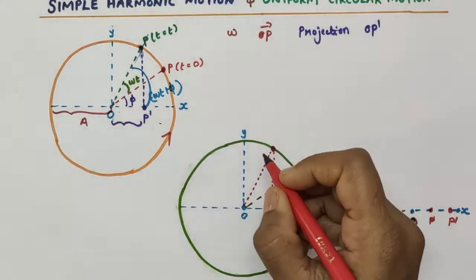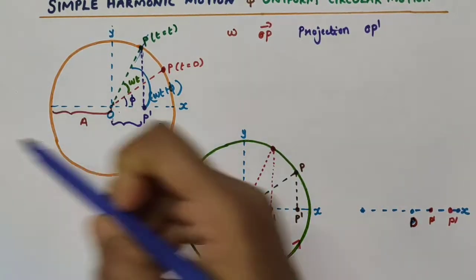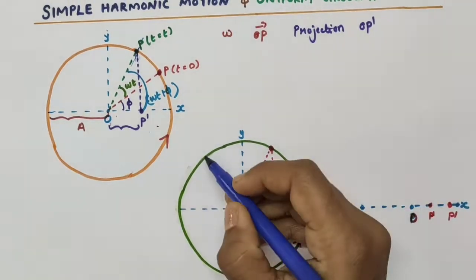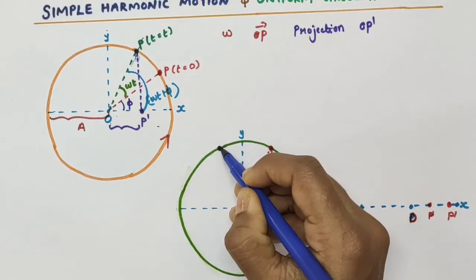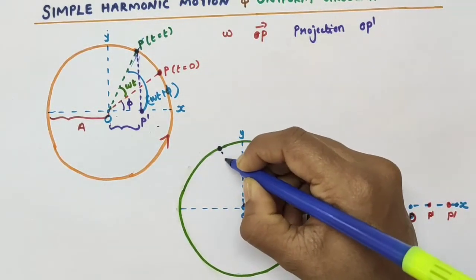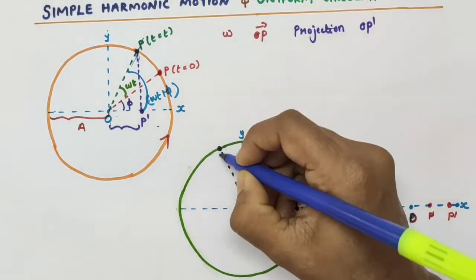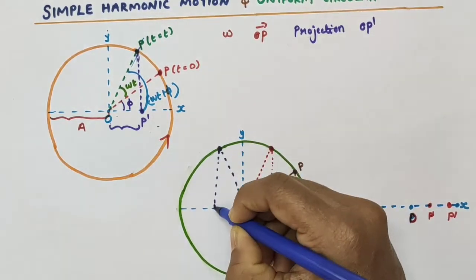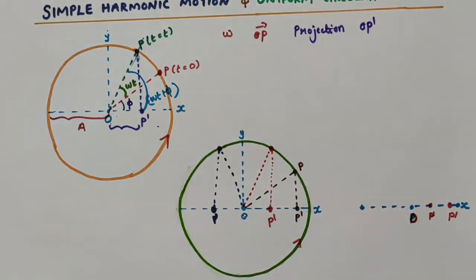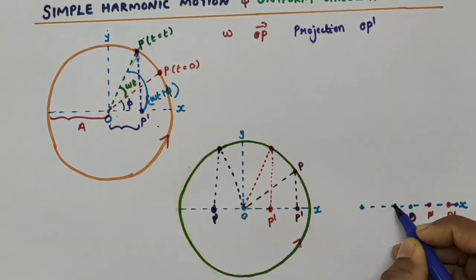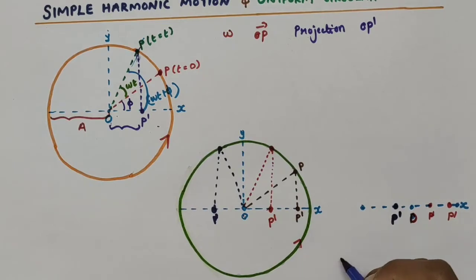Similarly, when this particle moves to this point, its position vector and its projection would be somewhere here, on the left hand side of O. So I am taking that point as P dash.